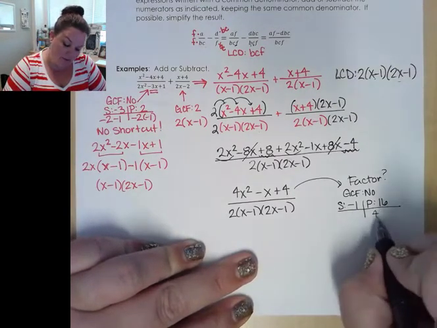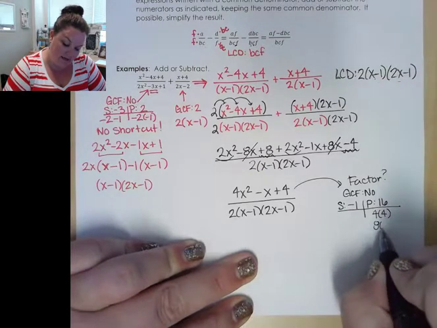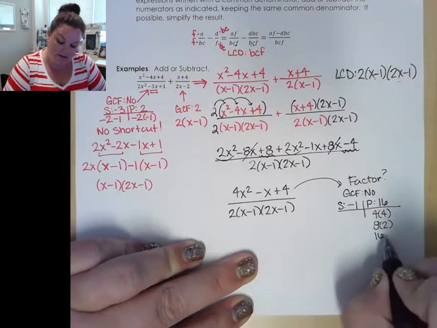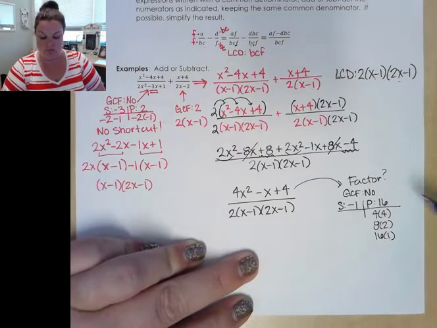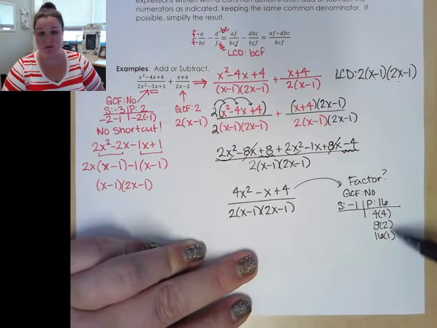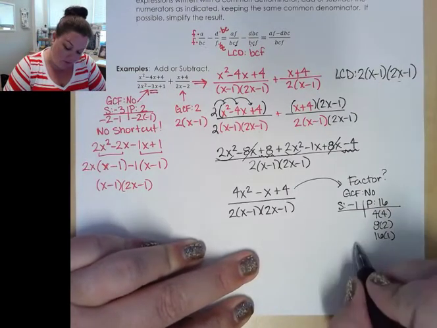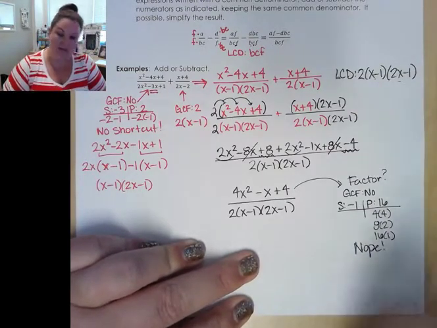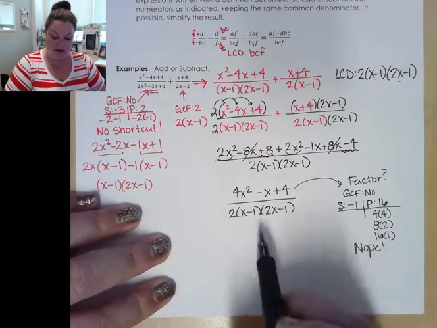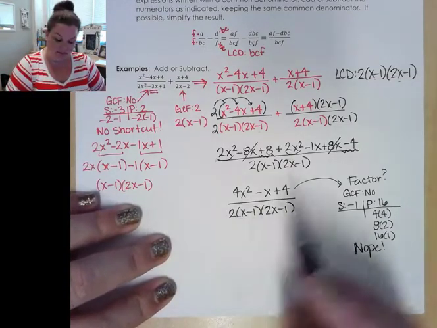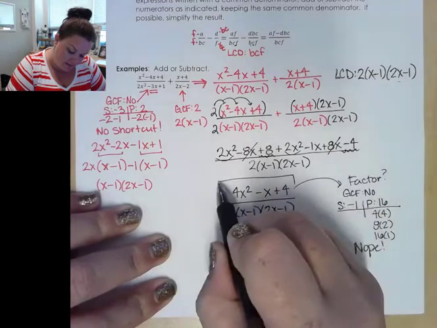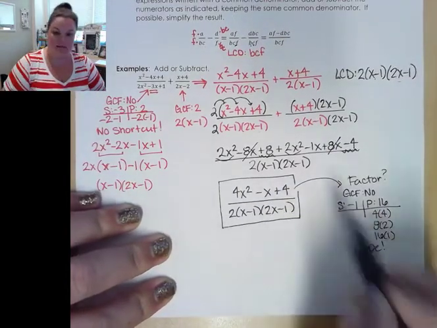So let's see, we have 4 and 4, we have 8 and 2, and we have 16 and 1. So all the number pairings I can use to get 16, none of them can be combined to get a -1, right? So nope, not factorable. And if it's not factorable, then I can't hope to cancel anything. So that means that my answer just stays like this.